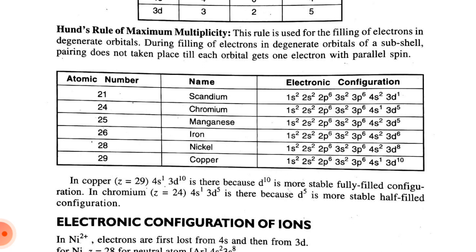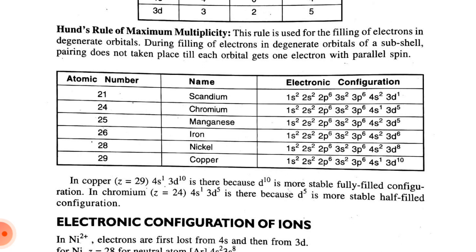This rule is used for filling of electrons in degenerate orbitals. During filling of electrons in degenerate orbitals of a subshell, pairing does not take place till each orbital gets one electron with parallel spin.